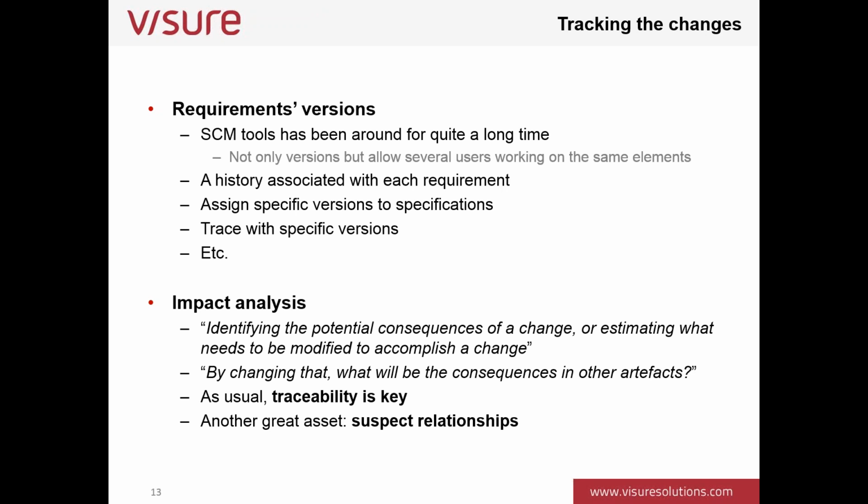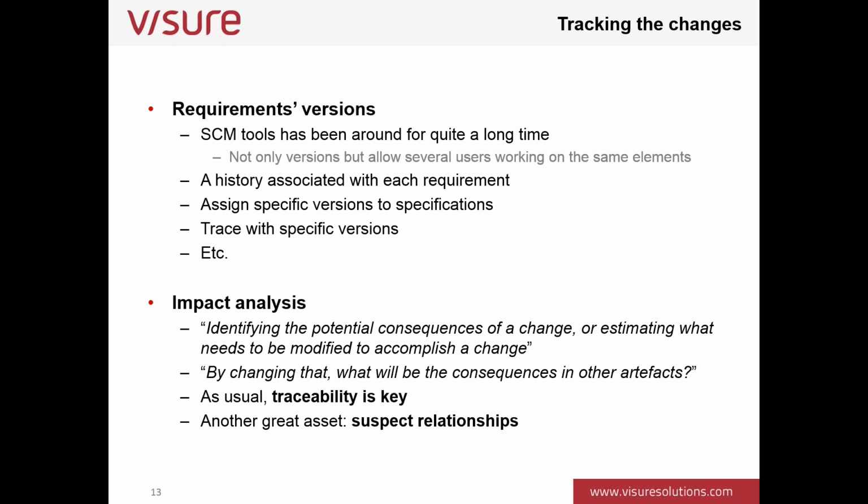But there is no real version. We recommend using something like a software configuration management tool. They have been around for quite a long time, and we have been using them for tracking changes, for example, to my source code or my documents. Why shouldn't we use those same features for keeping the versions of my requirements?